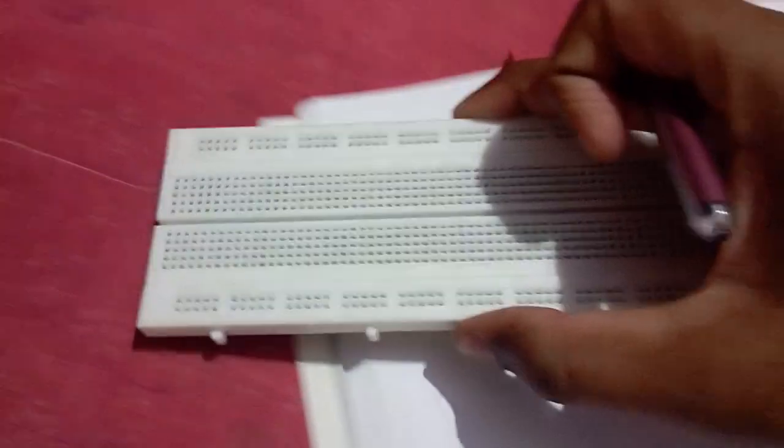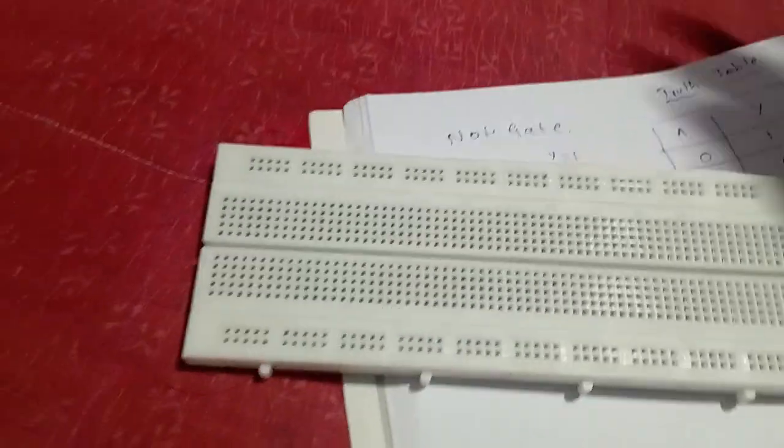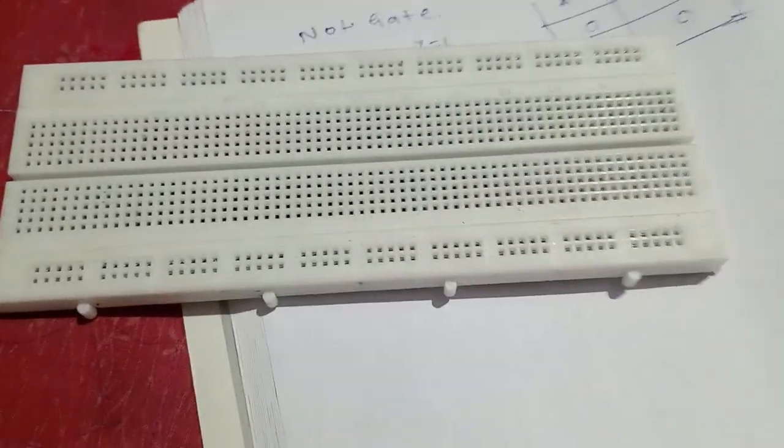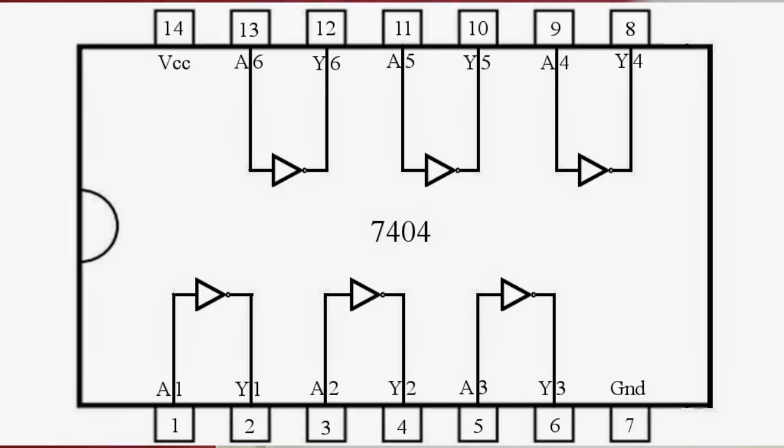So I am going to show how it really works using a breadboard, and there is an IC whose number is 7404. I will show the picture of the IC on the screen.